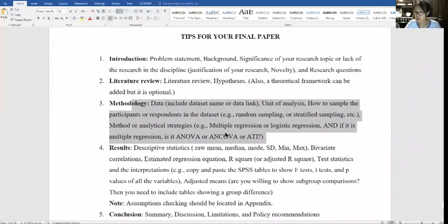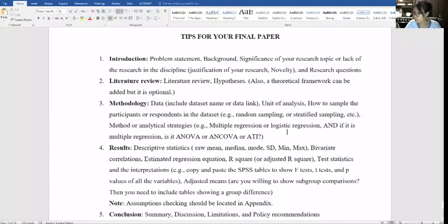Okay. And your technique, analytical strategy, is multiple regression. If it is multiple regression, is it ANOVA or ANCOVA or ATI model? If your model is logistic regression, you have to say logistic regression.